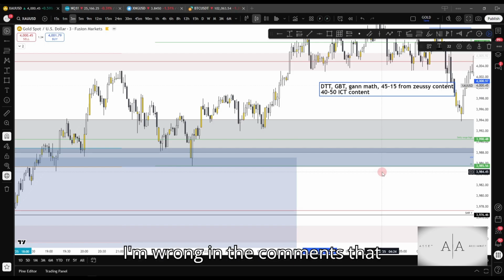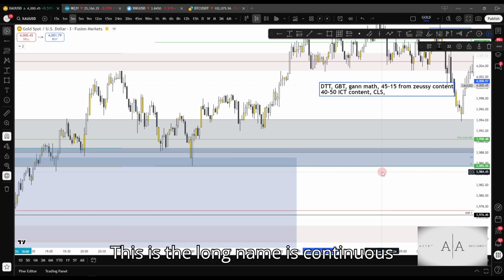I might be wrong. Tell me if I'm wrong in the comments. That's my bad. I don't really watch ICT, so yeah. So DTT, GBT, Gann, 4515, 4050 etc.